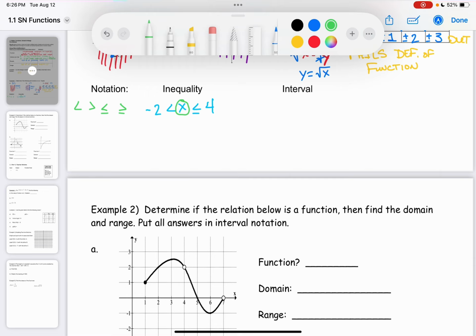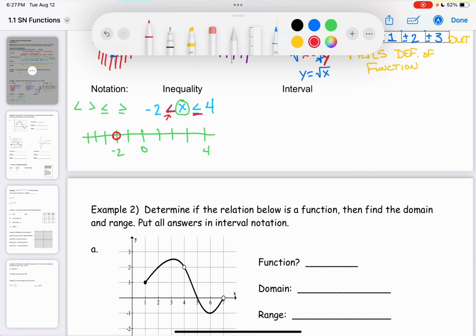Now, if we were making this a number line, it would look something like this. We've got 0, 1, 2, 3, 4, negative 1, negative 2. Since this is a greater than sign without the mark underneath it, we would put an open circle.